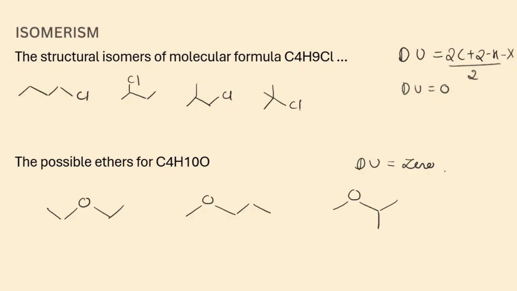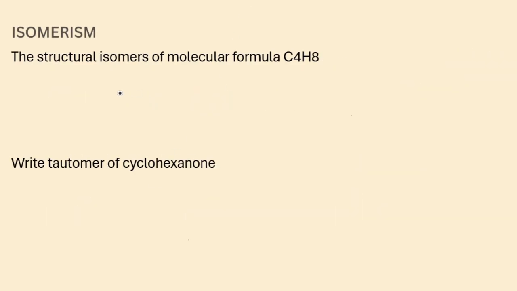Let's solve some more examples. What are the structural isomers for the C4H8 molecule? The degree of unsaturation for C4H8 is 1. That means you can write open chain and ring chain structures.